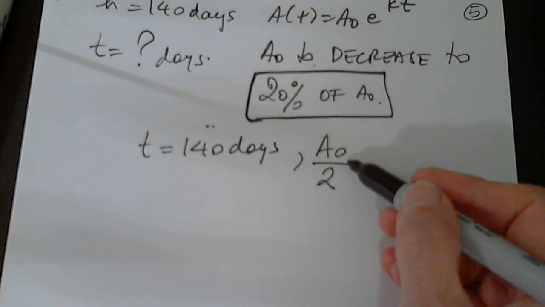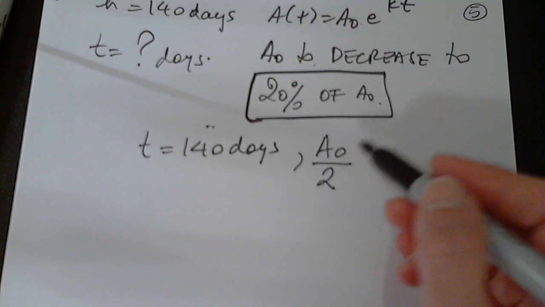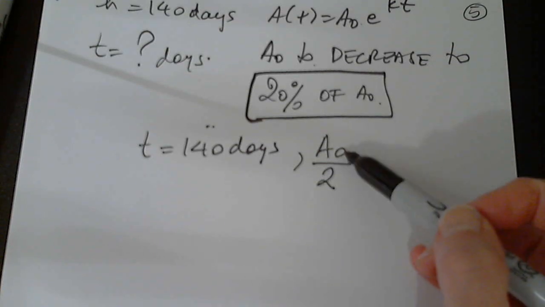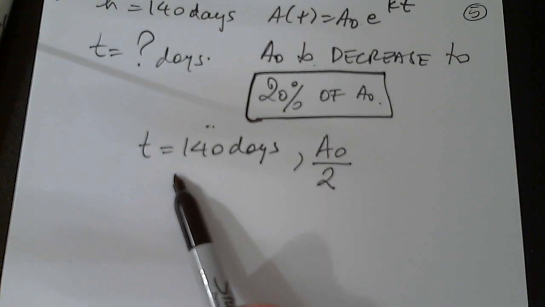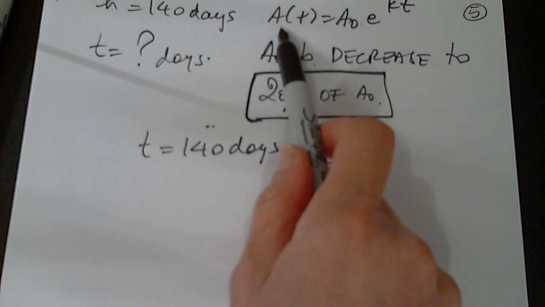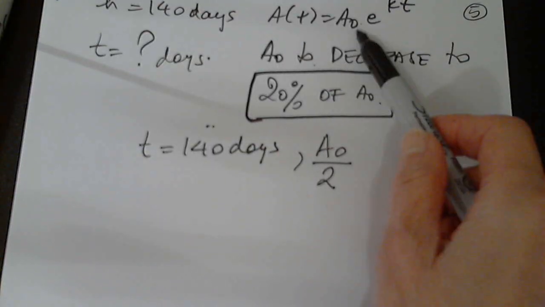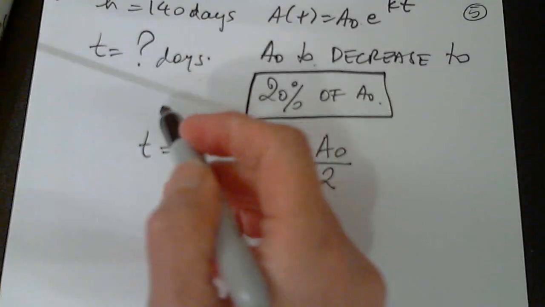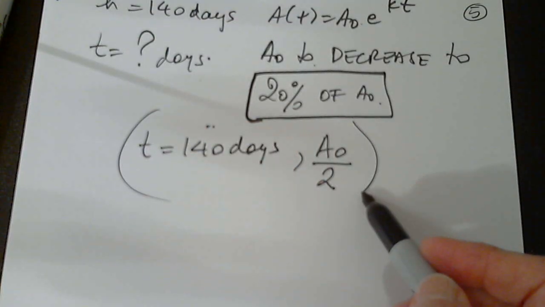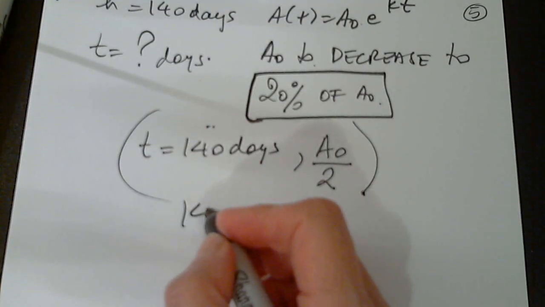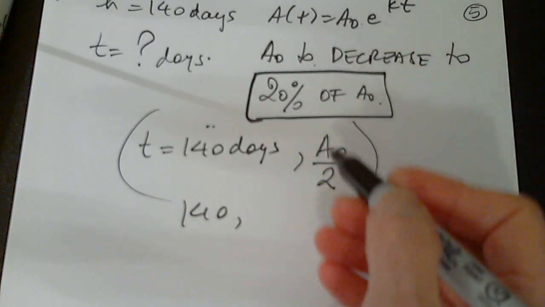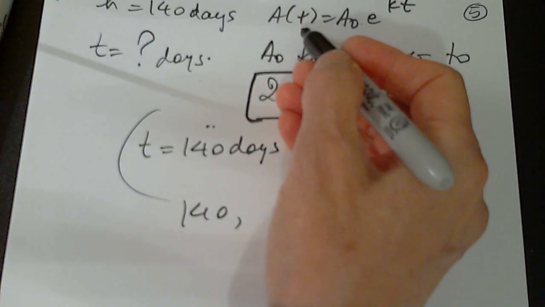I don't care how much we started with. It's not even given to us. Any amount in 140 days, the resulting amount will be the original divided by 2. So this is another ordered pair. What ordered pair? 140 for t, A0 over 2 for A of t.